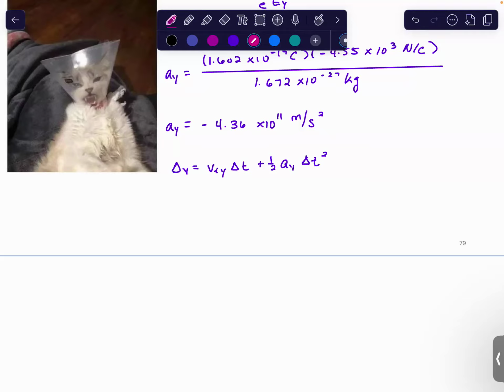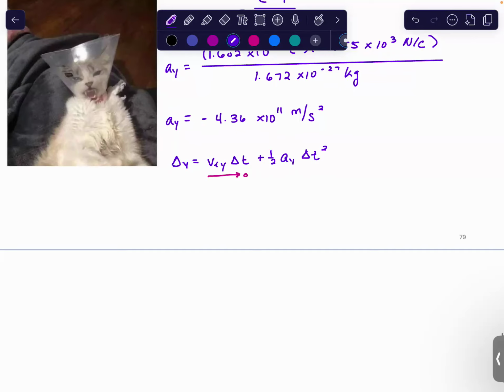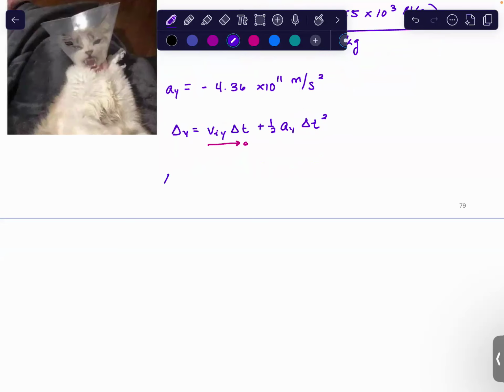What part of this kinematic is zero? Yeah, because it's not moving in the y direction initially. So that whole thing is zero. The delta y is the deflection we're looking for.